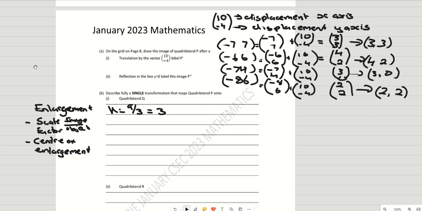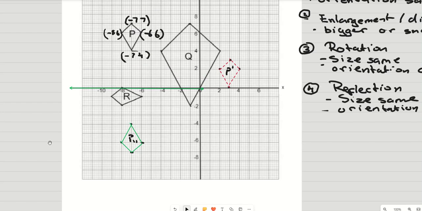My center of enlargement, now, this is something that you need to remember, is where you're going to take these points and you're going to connect them. And where they intersect, all of them intersect when you connect the object and the image, the points for them, right? Let's say this one.